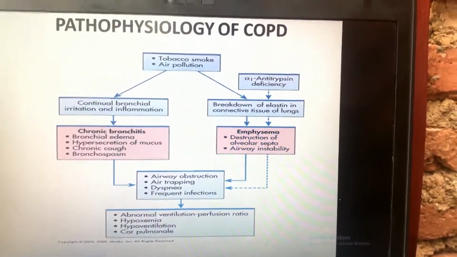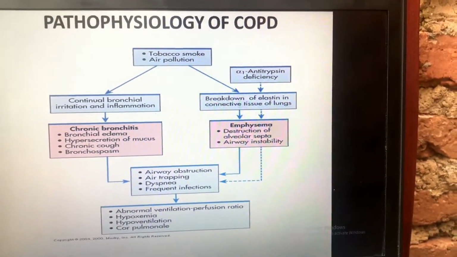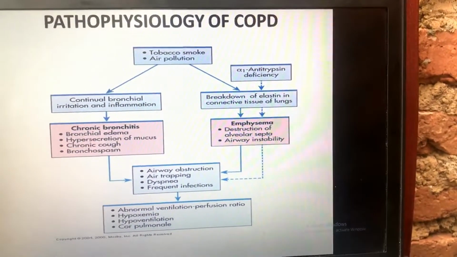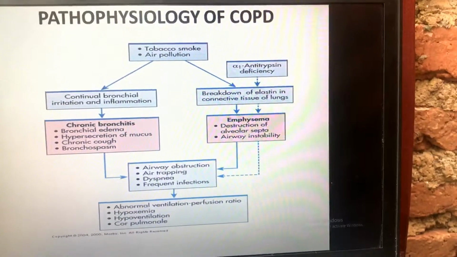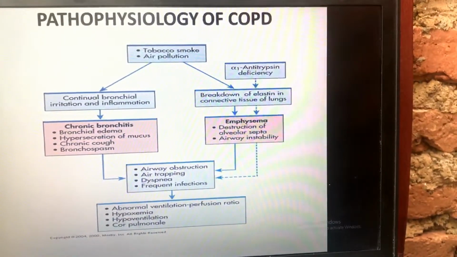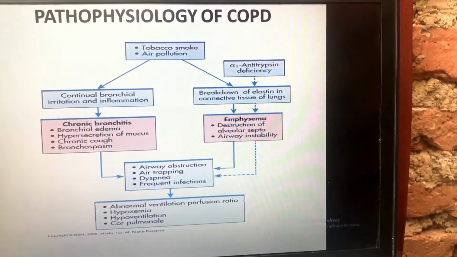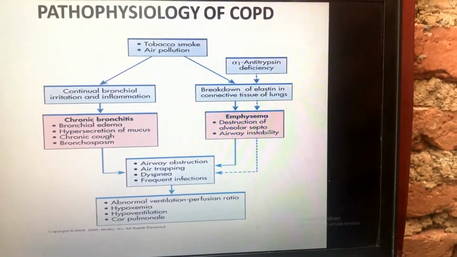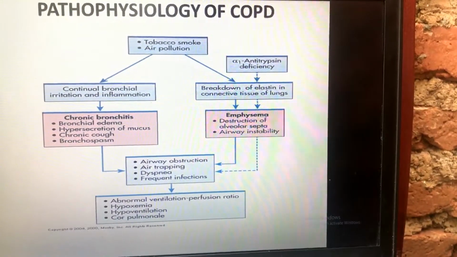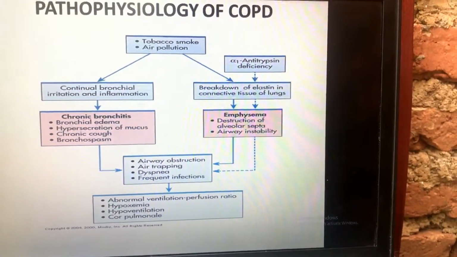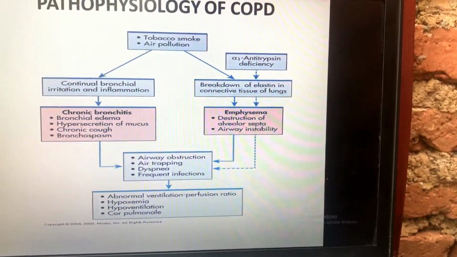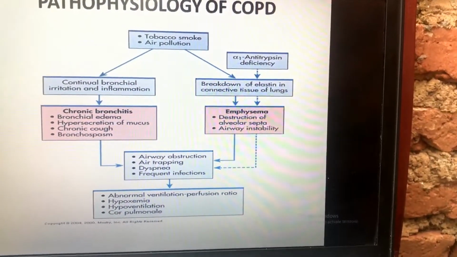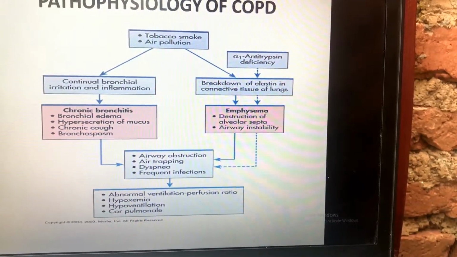Okay, now the pathway of emphysema. We also have exposures or risk factors: tobacco smoke, air pollution. But also we will have a contribution of alpha-1 antitrypsin deficiency. This is the enzyme that protects the connective tissues in the lungs. When there is a deficiency or the absence of this enzyme, those connective tissues will be destroyed.